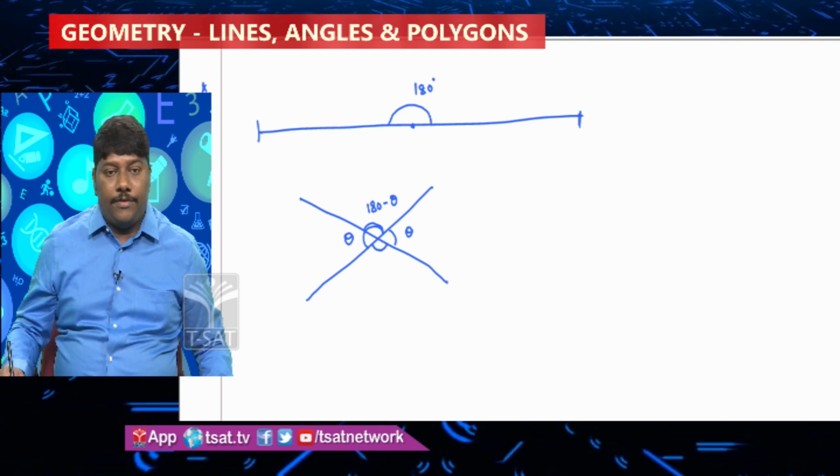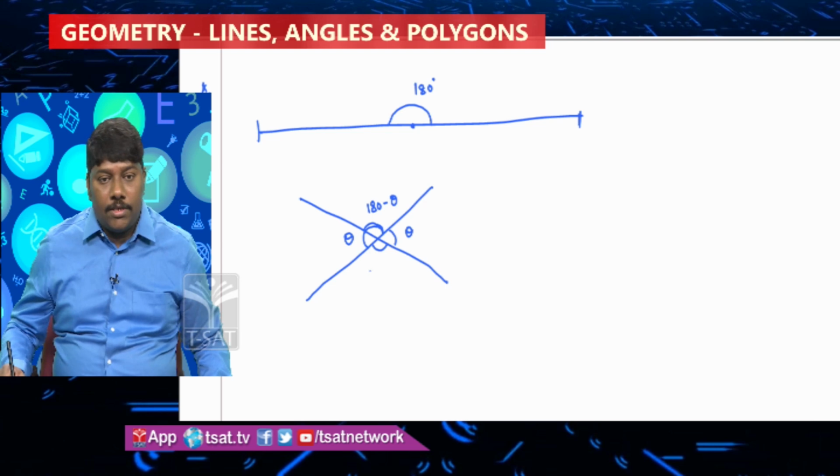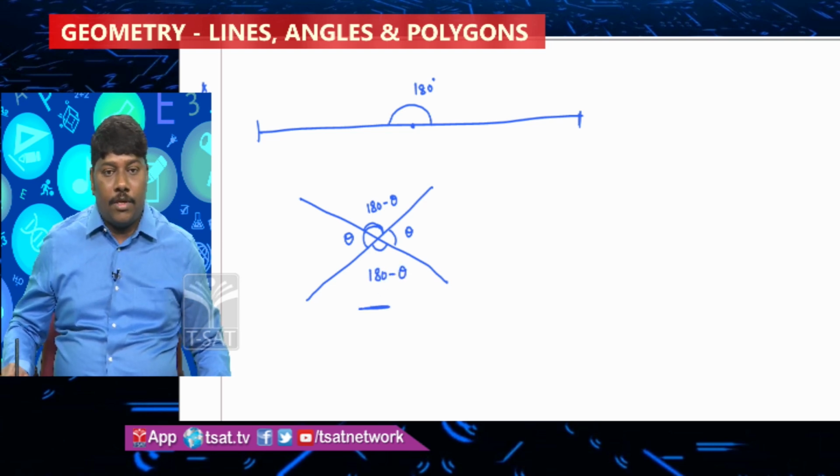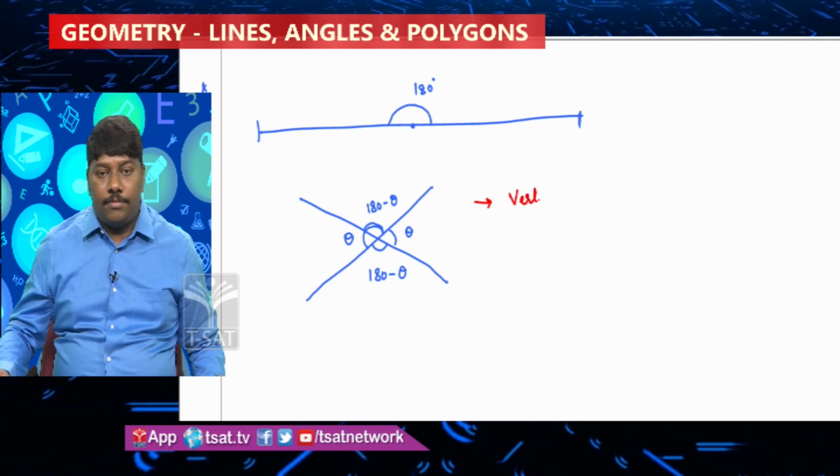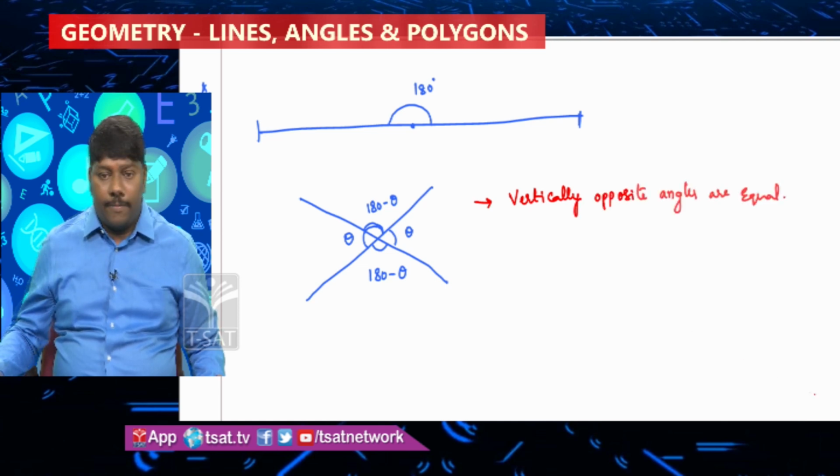Now this forms a linear pair. Linear pair means it makes a straight line. So again, it is 180 minus theta. So from this, if two lines intersect, you can clearly see here the vertically opposite angles are equal. So we say when two lines intersect, vertically opposite angles are equal.